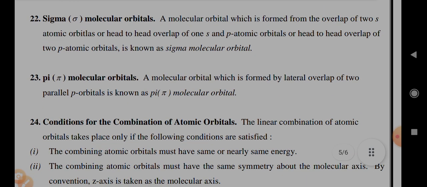Sigma molecular orbitals. A molecular orbital which is formed by the overlap of two s atomic orbitals, or head-to-head overlap of one s and p atomic orbital, or a head-to-head overlap of two p atomic orbitals, is known as sigma molecular orbital. Pi molecular orbital. A molecular orbital which is formed by lateral overlap of two parallel p orbitals is known as pi molecular orbital.